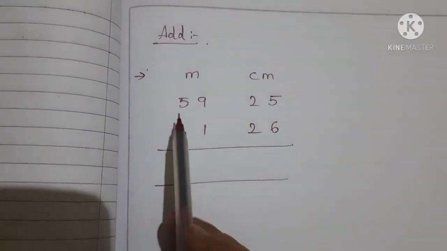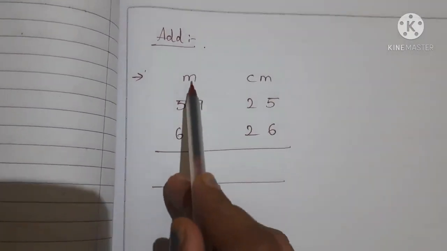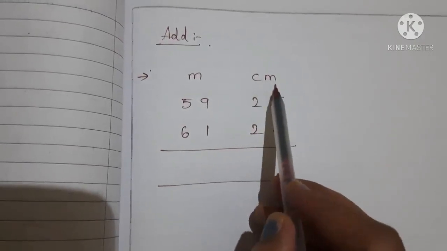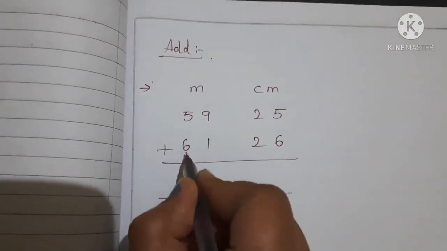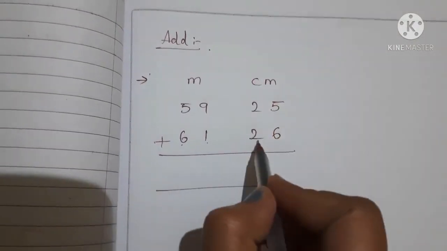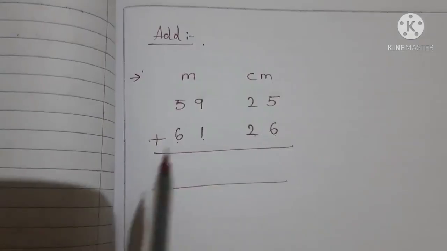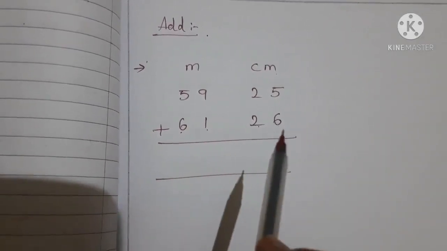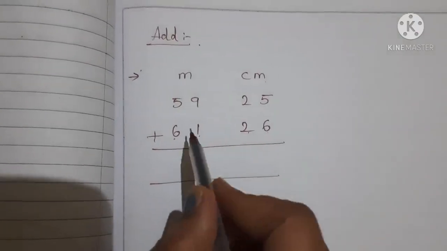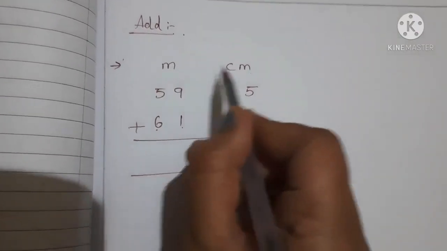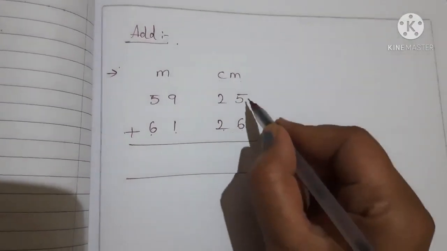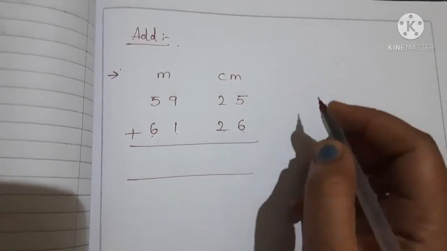Here we are adding 59 meters 25 centimeters with 61 meters and 26 centimeters. Just like other numbers, we can add these numbers in meters and centimeters. Now 5 plus 6 is 11.